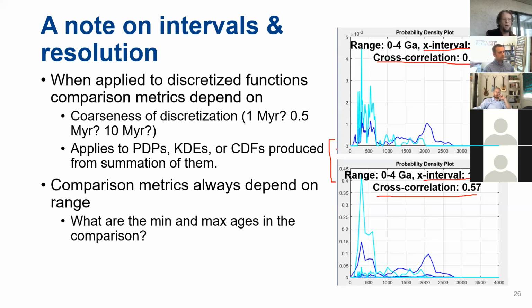If you're looking at age ranges less than about 500 million years, you might want to consider a finer age step. But again, play around with that, I guess, is part of the point.